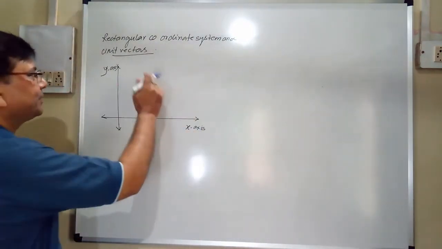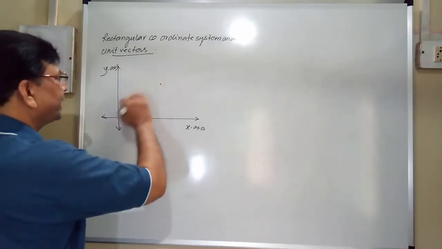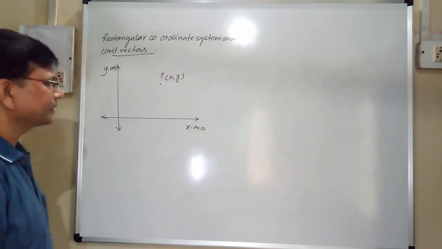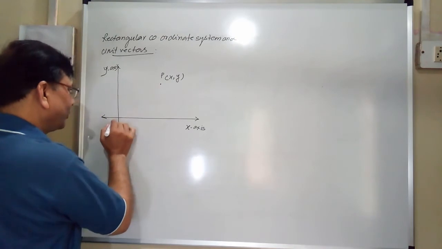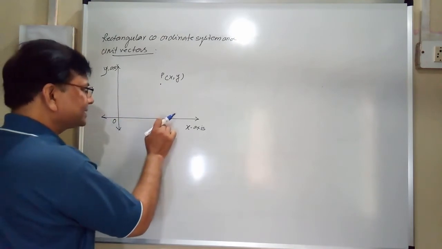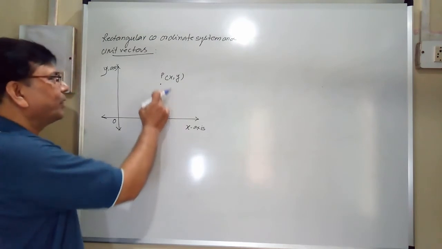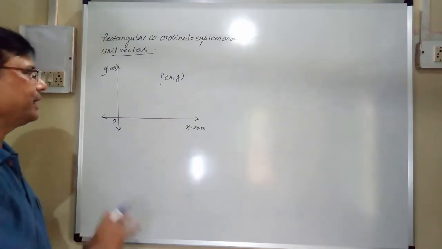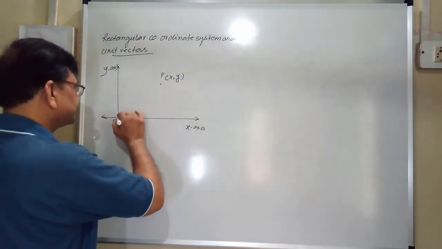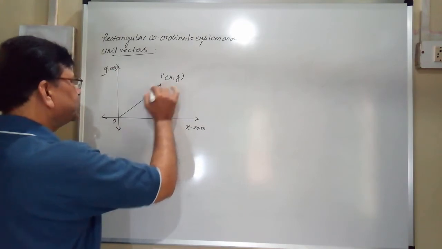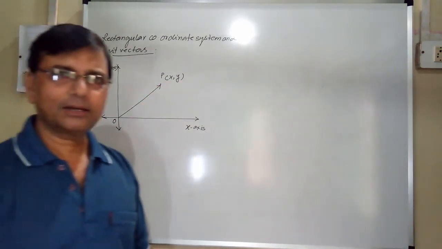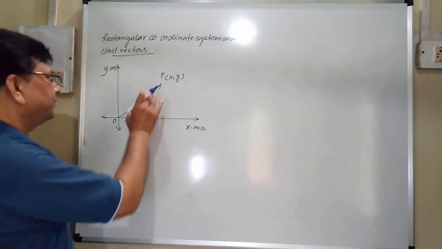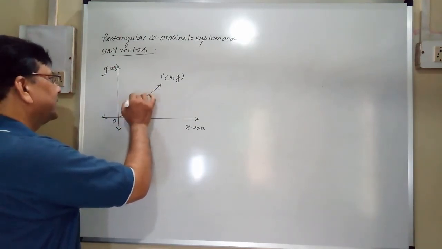For this, in a plane, suppose there is one point P whose coordinate is x, y. It means from the origin, one has to move x along the x-axis, then y along the y-axis, then we will reach this point P, and P is the address of the point in this plane. Let A be the position vector of this point P. What is a position vector? That we have already studied.